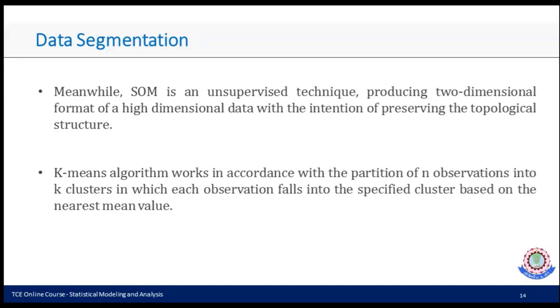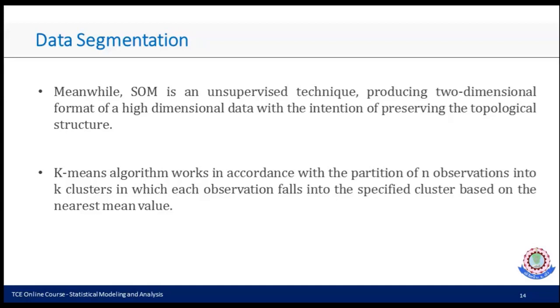The second category contains self-organizing maps and k-means clustering. The process of a self-organizing map allows us to visualize and cluster high dimensional data in a low dimensional grid of neurons. In general, a self-organizing map is a feed-forward network with two layers.